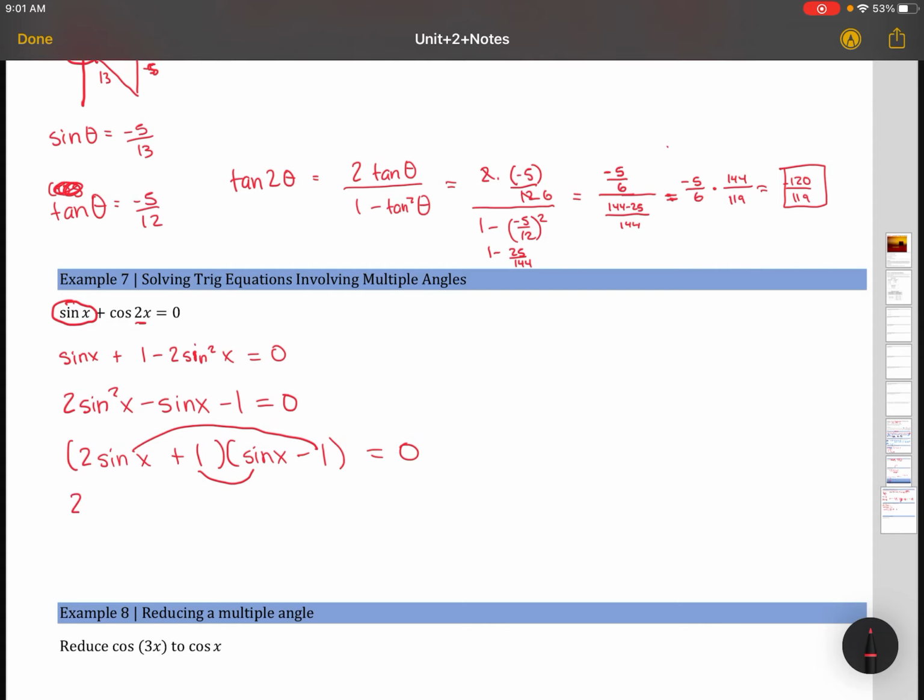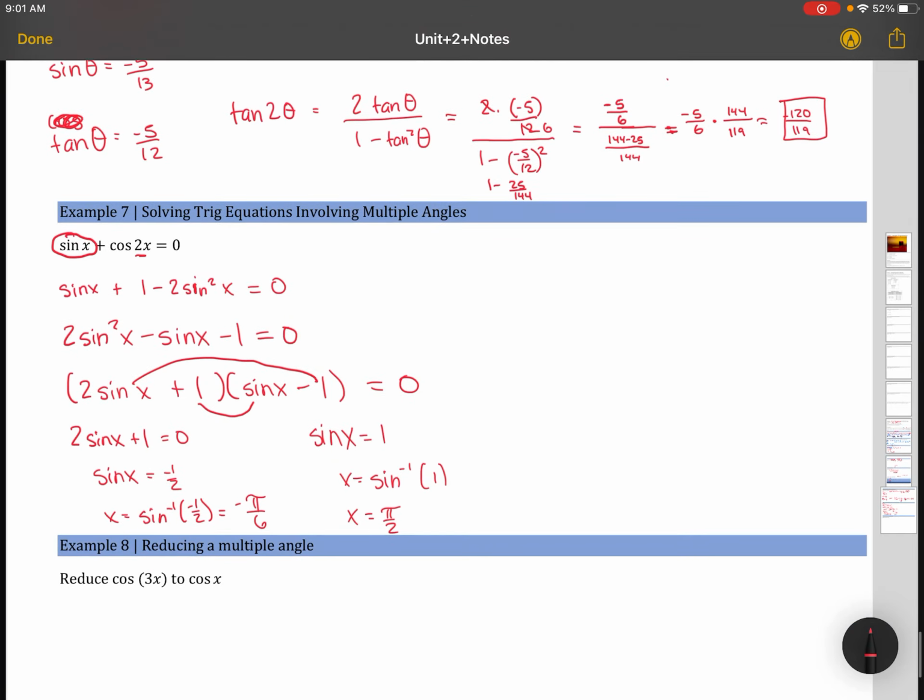And so remember, when it equals 0, we're either going to have 2 sine x plus 1 equals 0, which means that sine x equals -1/2. So x is sine inverse of -1/2, which means we get negative pi over 6, or we get sine x equals 1, so x equals sine inverse of 1, and so x is pi over 2, plus all of the angles coterminal with it, but we'll just say negative pi over 6 and pi over 2 for right now.